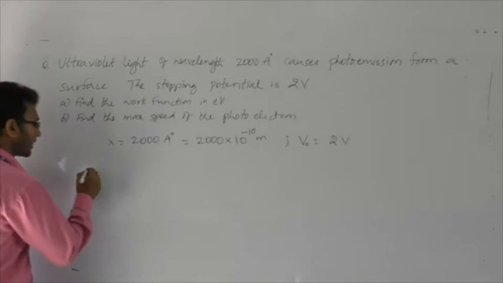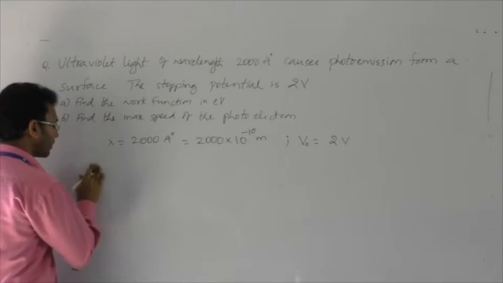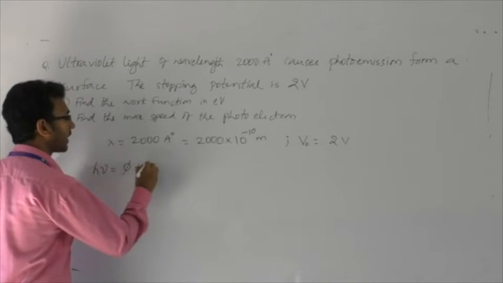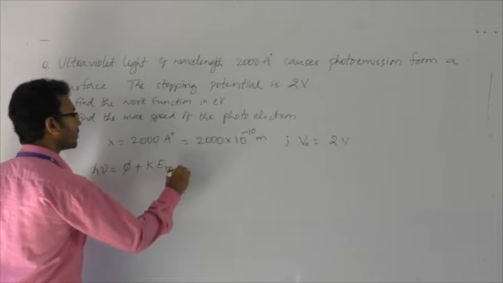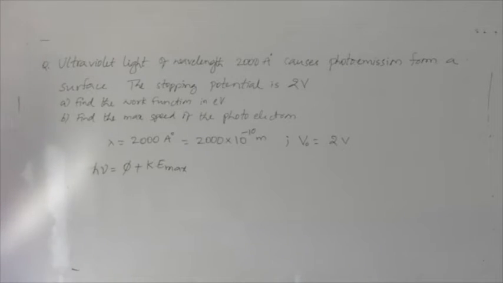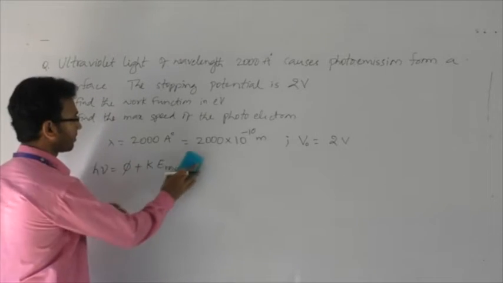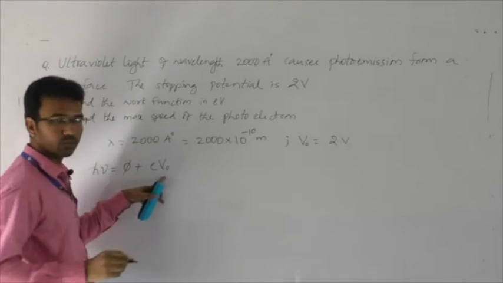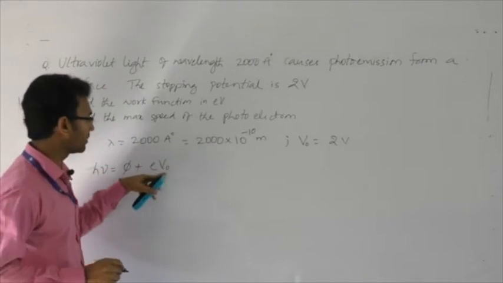Again, write the photoelectric equation. h nu equals phi plus KE max. In this KE max, you can write it as eV naught, because V naught is given.